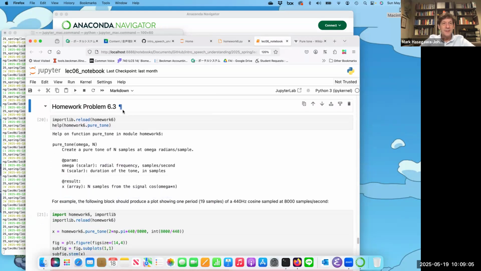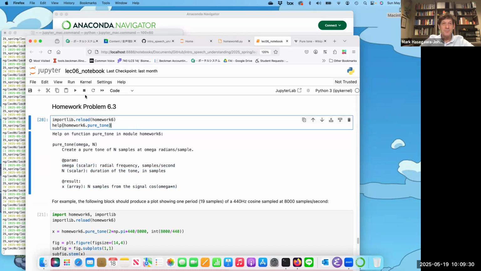And then finally, homework problem 6.3 is going to actually generate a pure tone, so you can listen to it. We're going to take a pure tone at frequency omega radians per sample, and with N samples of that signal. Right, so omega is the radial frequency in radians per sample, N is the duration of the tone in samples, and the return should be an array N samples long taken from the signal cosine of omega times n.